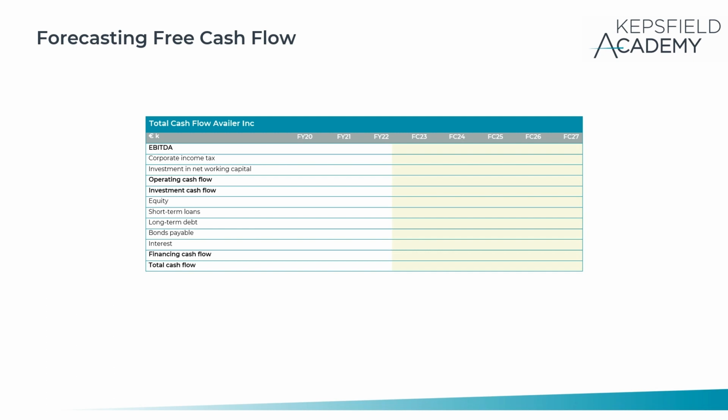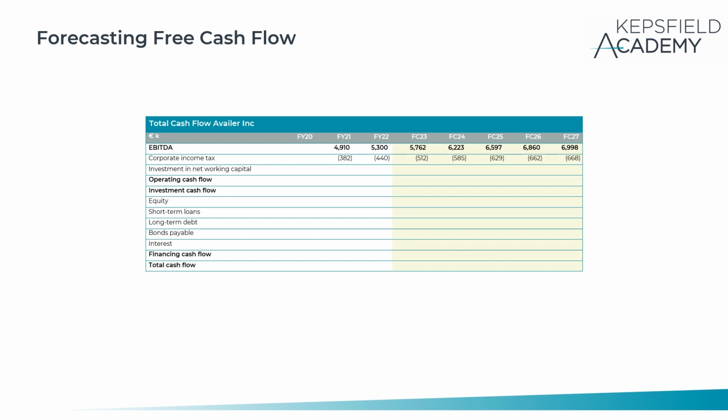Total cash flow is calculated based on the following steps. First, operating cash flow is calculated. The starting point is EBITDA, since this reflects the earnings before depreciation and amortization, which are non-cash expenses. Next, we deduct the income tax from EBITDA.